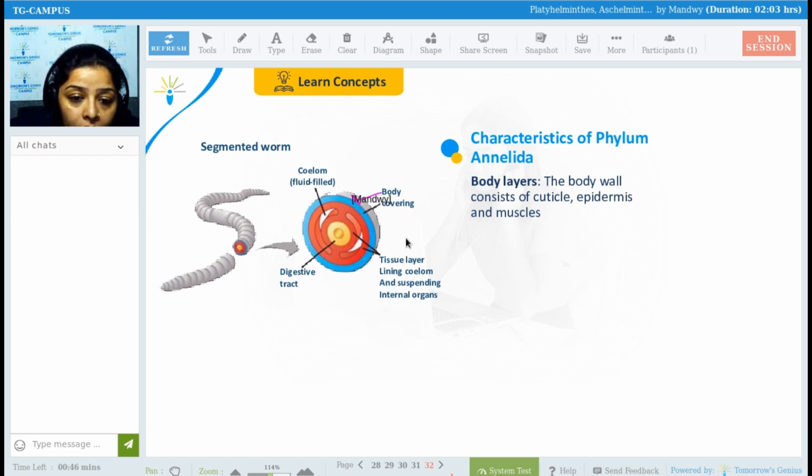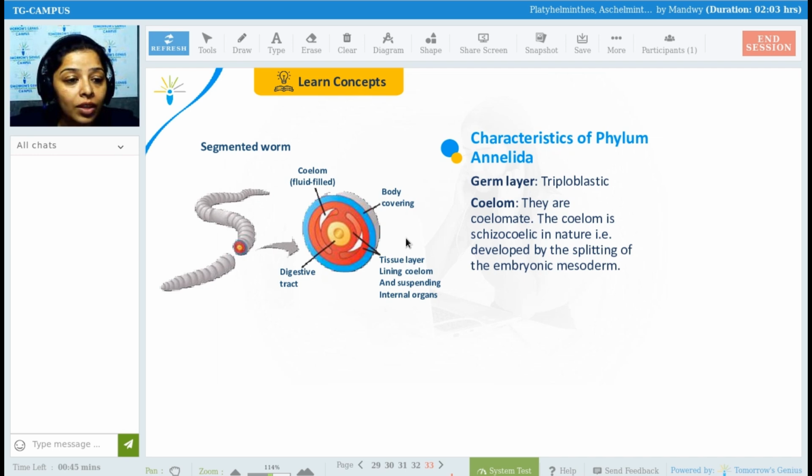The epidermis has an additional layer, the cuticle, because locomotion and respiration are done by the epidermis, so they need protection.